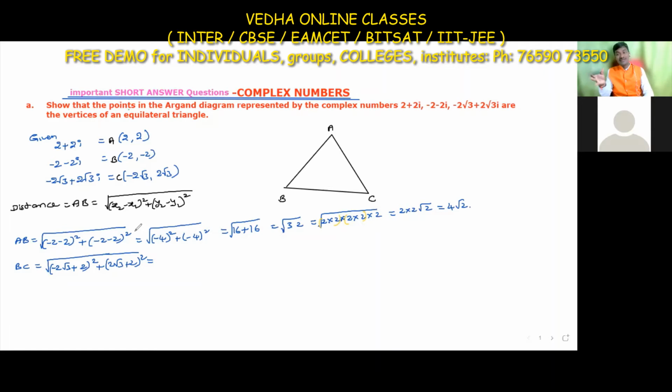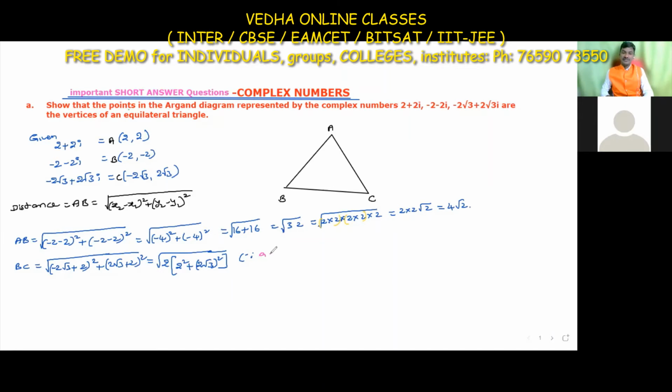When we add those two, minus 2ab plus 2ab gets cancelled. So it becomes 2 into a square plus b square. Here a is 2, b is 2 root 3.